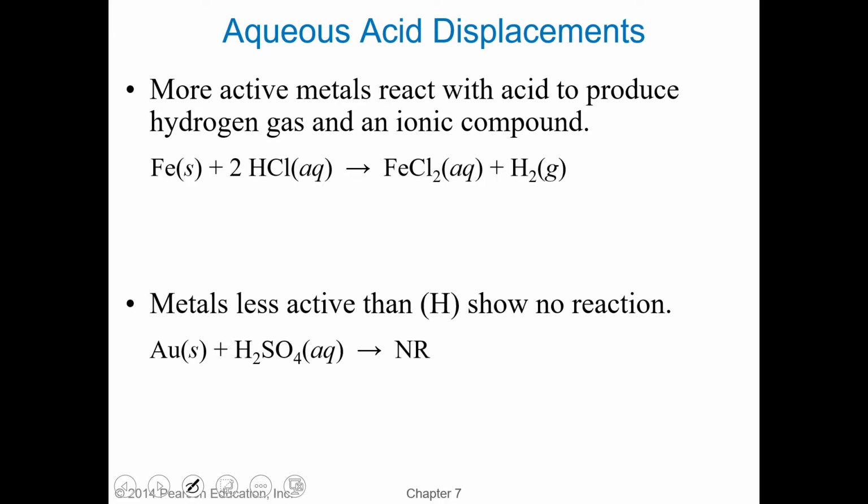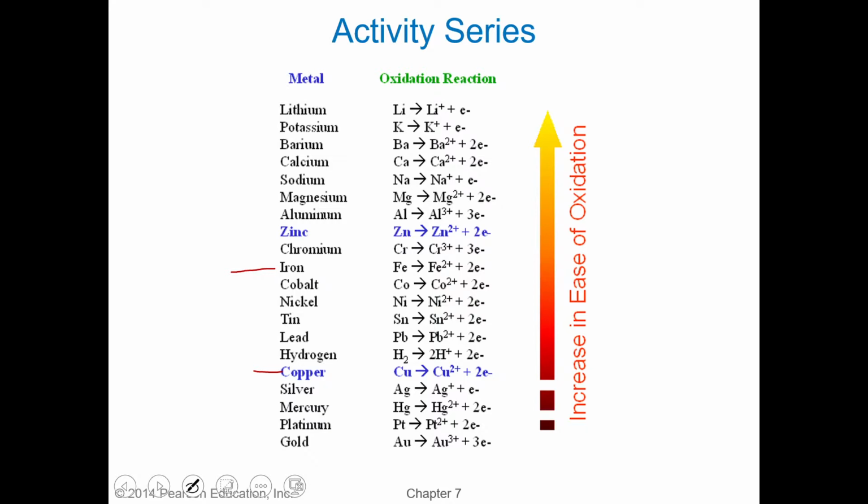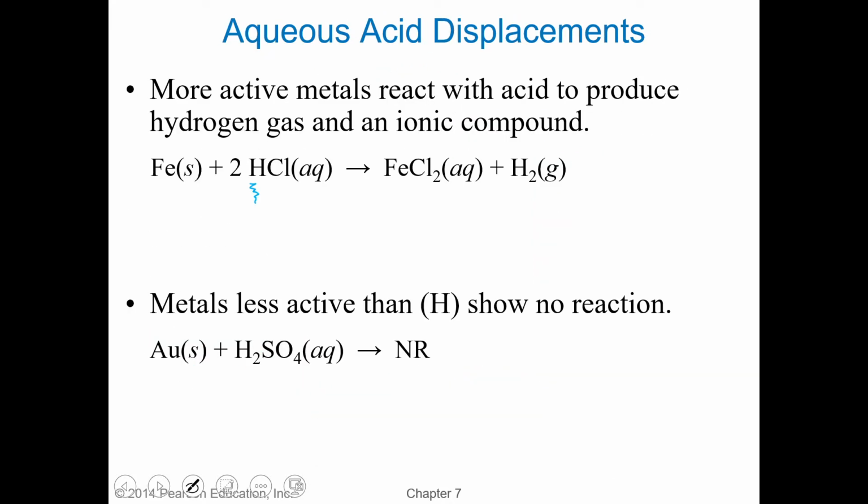Sometimes when you have an acid, we're going to be looking at the hydrogen that is on the activity series. And again, if you go back and look, you can see hydrogen is just above copper. Okay, so the question now is, is the metal higher than the hydrogen on the chart?